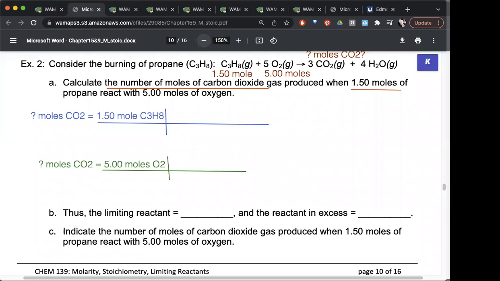Okay, we'll identify what is limiting, what is in excess, and indicate the theoretical yield. Right, so find the theoretical yield. The theoretical yield is, and you will have already calculated it.